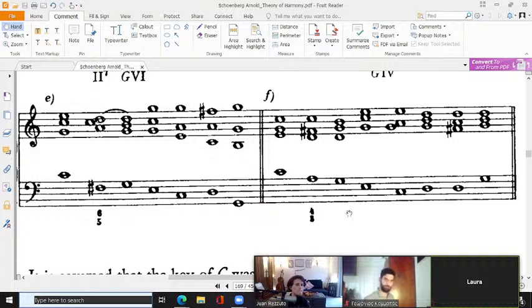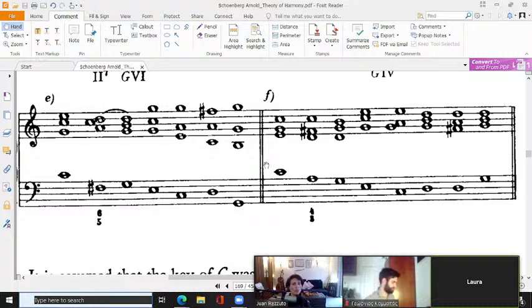So we have chord 1, then chord 2, then chord 5, then chord 1 again, then chord 6, then chord 5, then chord 1, not 1, sorry, 2, and then chord 5.